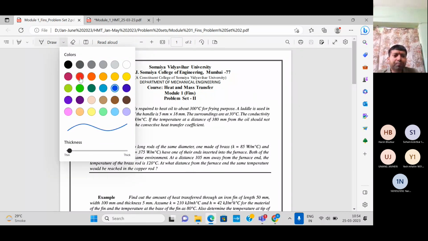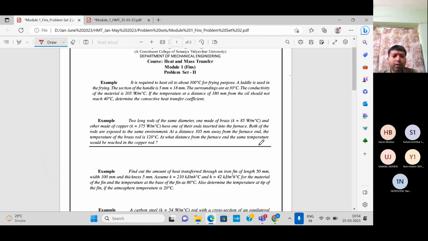Okay, so let's solve. Problem 1 and problem 3 we have already solved in yesterday's lecture. Now let's solve problem 2. Read the problem. Two long rods of the same diameter, one made of brass having thermal conductivity 85 watt per meter degree Celsius and the other made of copper, thermal conductivity 375 watt per meter degree Celsius, have one of their ends inserted into the furnace.